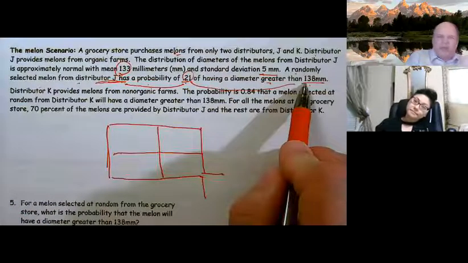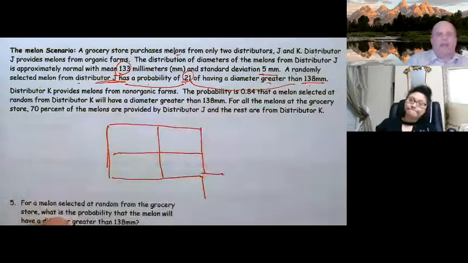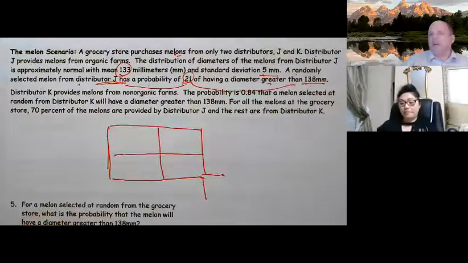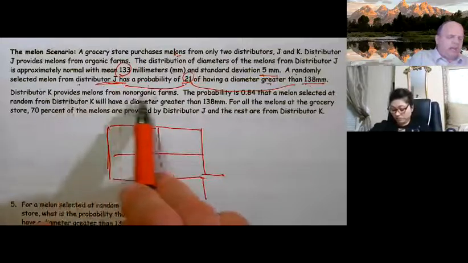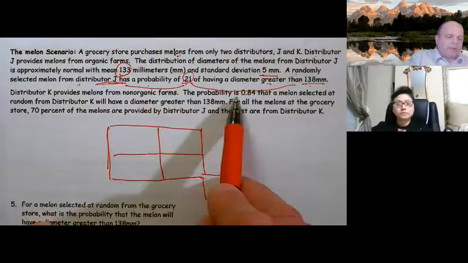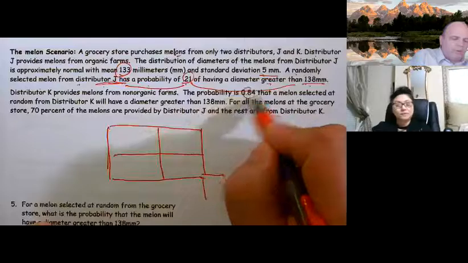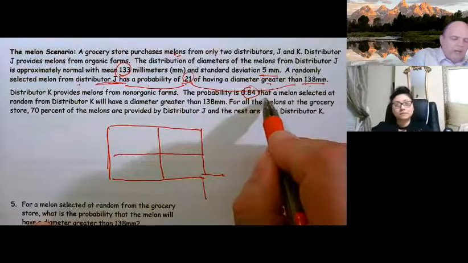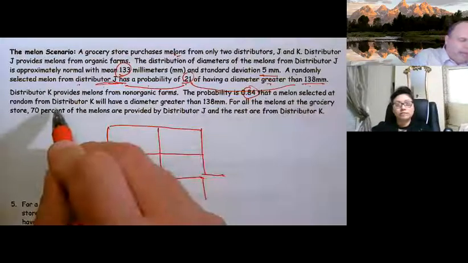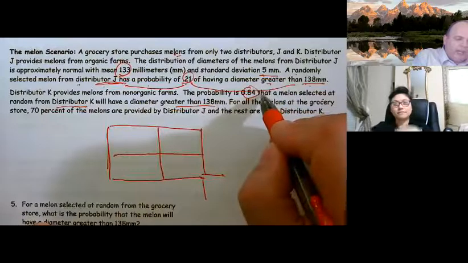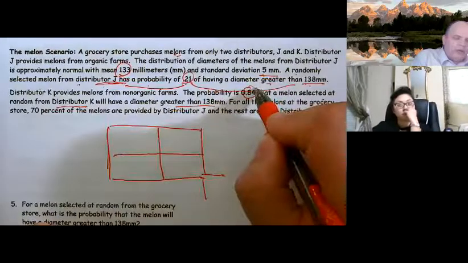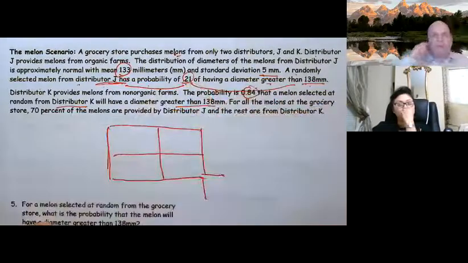That makes me think, I have two different variables here. I have K and I have distributors and I have size. So this might be a table problem. Distributor K provides melons from non-organic farms. The probability is 0.84 that a melon selected at random from K will have a diameter greater than 138. Once again, this is a two-variable number.